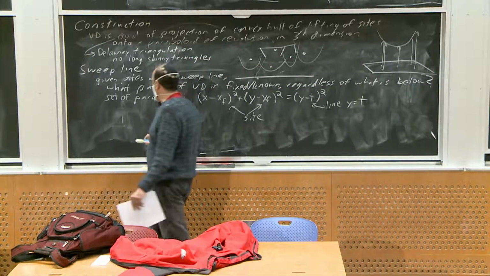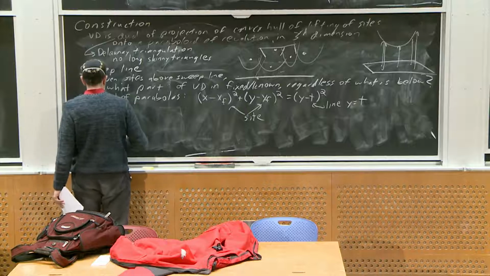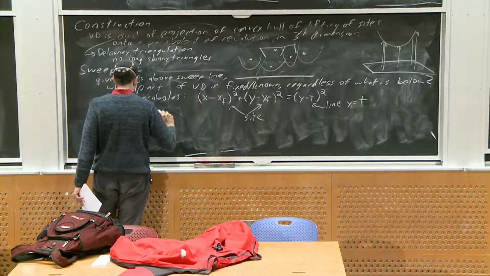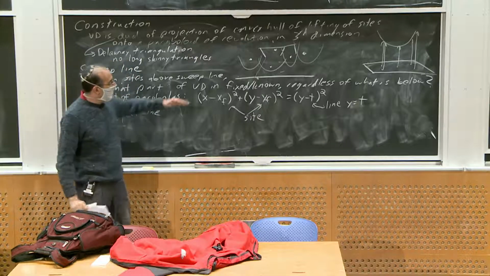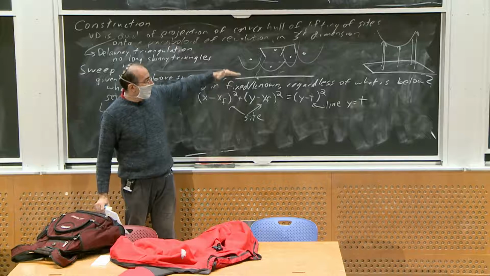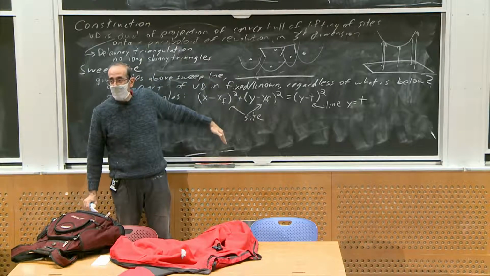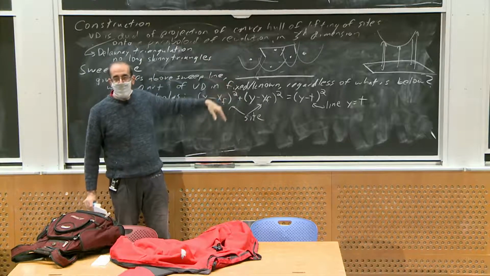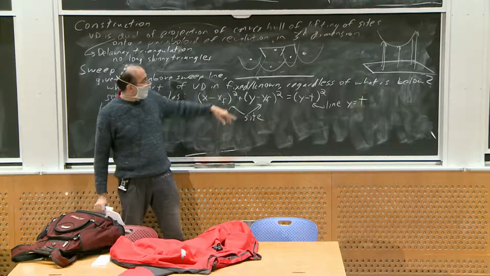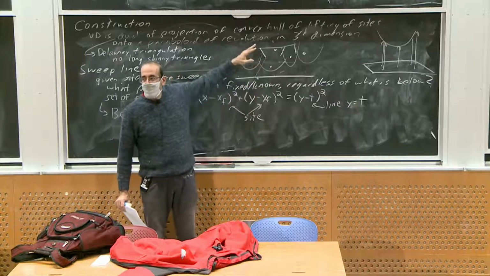Now, the guy who developed this algorithm is named Steve Fortune, and he decided to be poetic and call this the beach line. Because imagine now, and we're going to add some numbers to this in a minute, that the line goes down as we sweep the line down. What happens to the parabolas? Well, the parabolas are also going to go down, right?